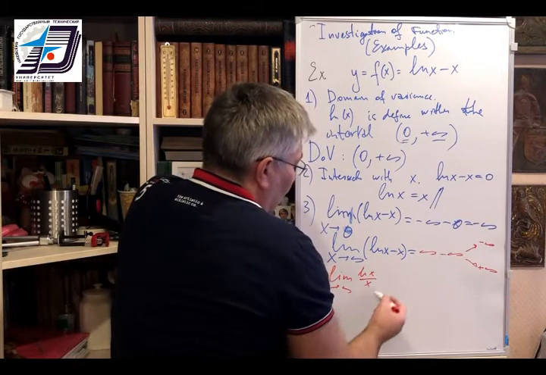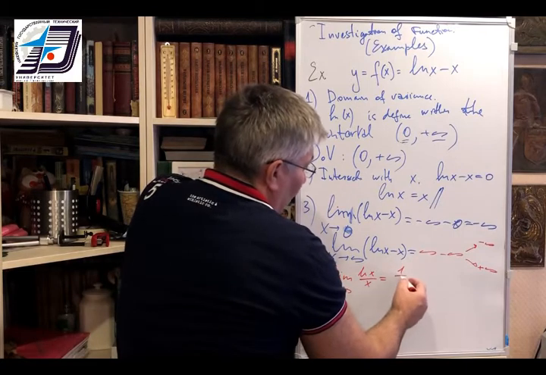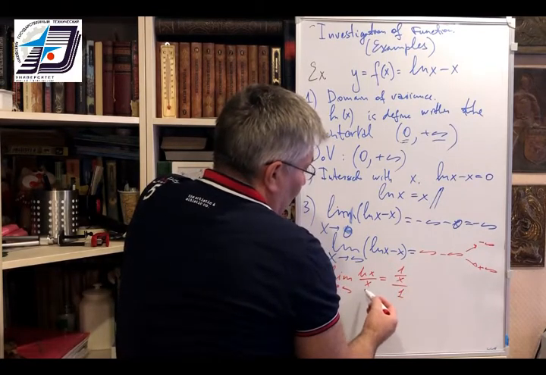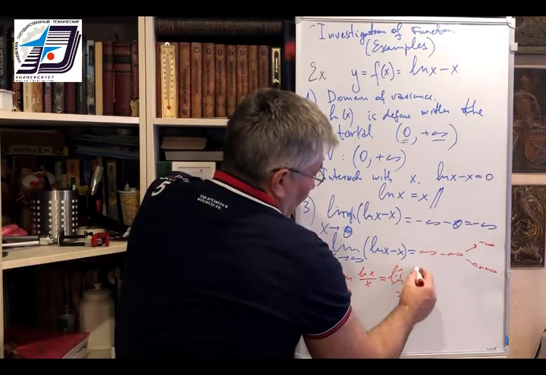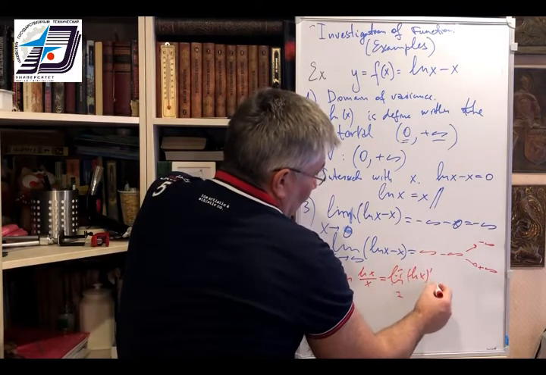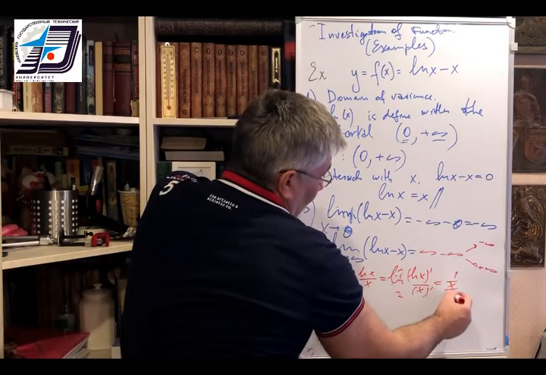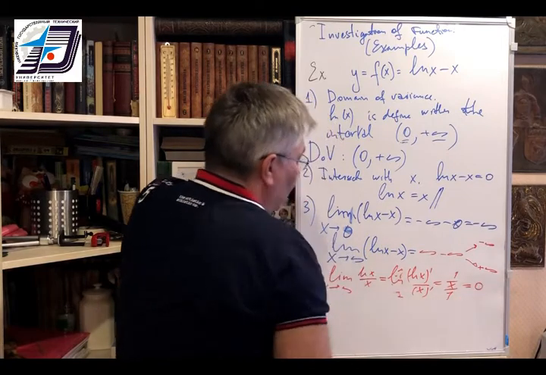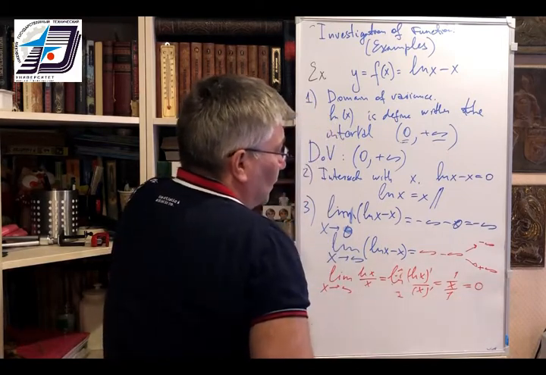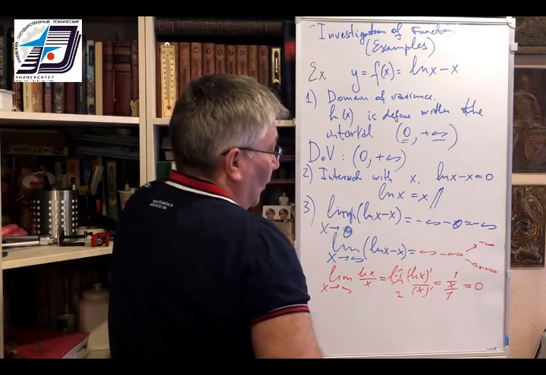We can use L'Hopital's rule: the limit of the ln x derivative over the x derivative, which is 1 over x over 1. If you put in infinity, we have 0. So it means that x tends to infinity faster than the logarithm.